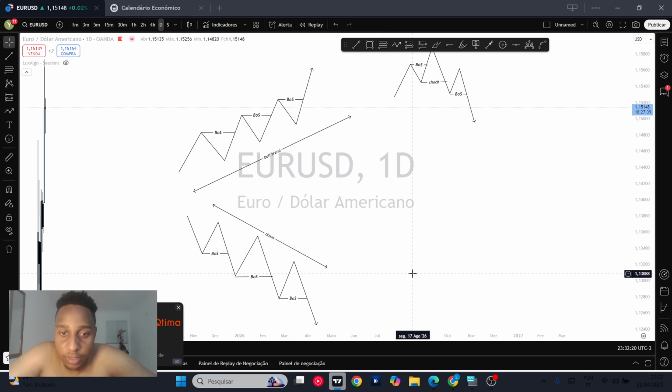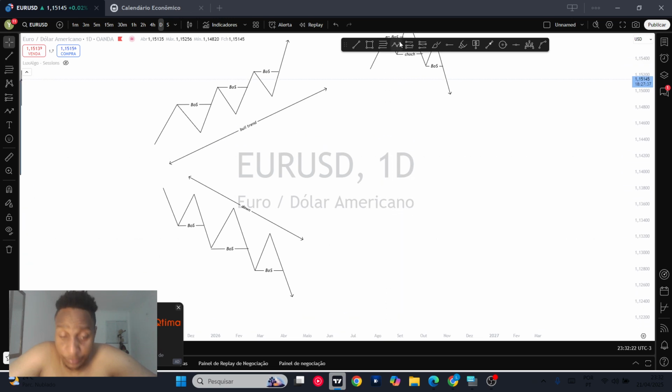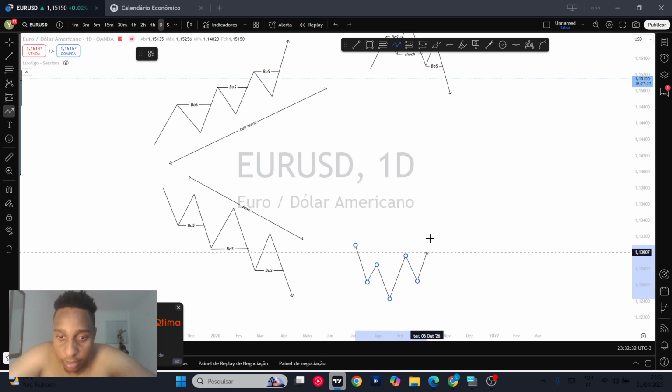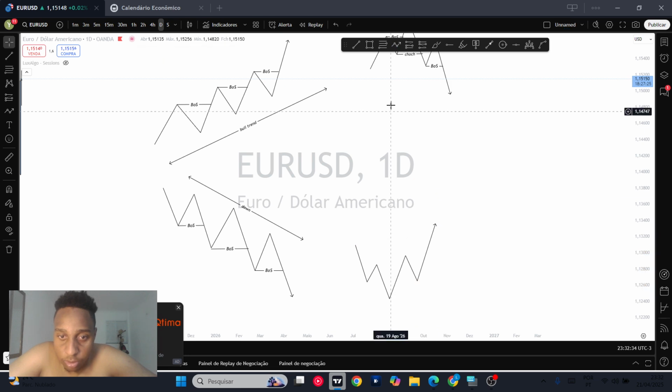Now we will see from a downtrend to a bull trend. So price broke structure, changed the structure, and then broke the structure again.